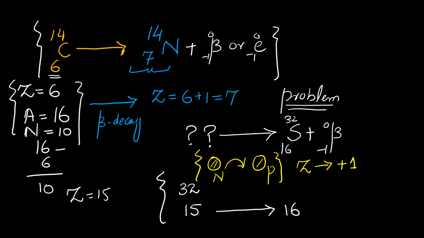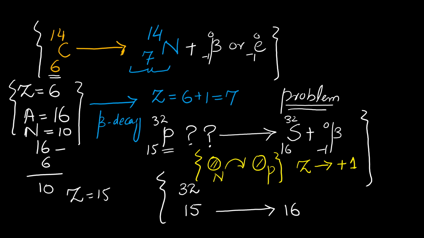By checking, we can find that it is phosphorus, which faces a beta decay, and phosphorus is converted into sulfur and releases a beta particle. So in this way, we basically find the unknown element which causes a beta decay.